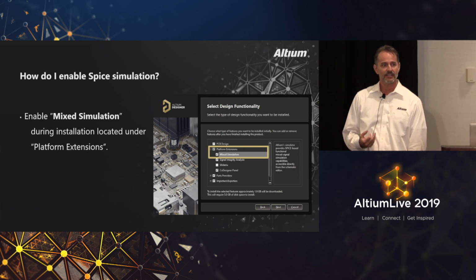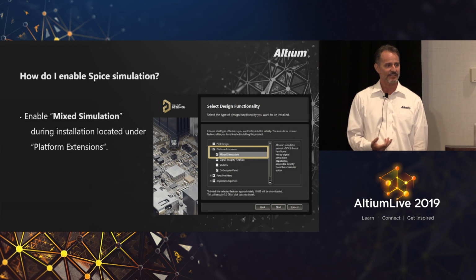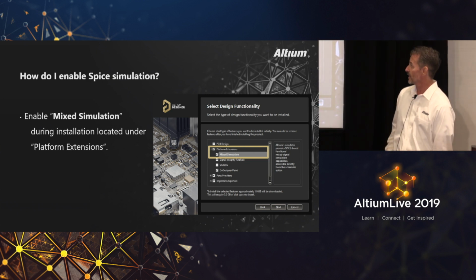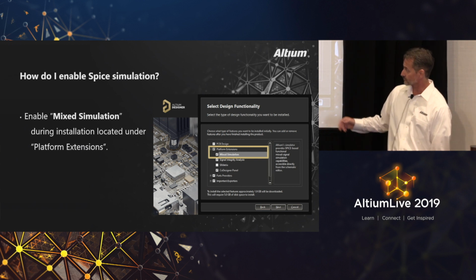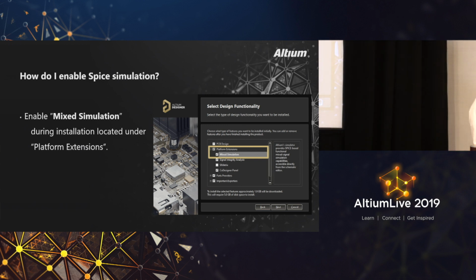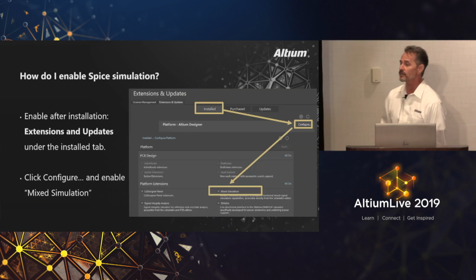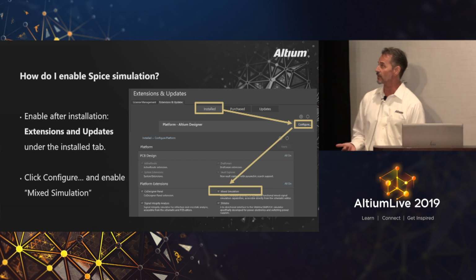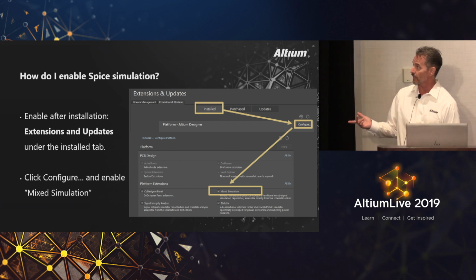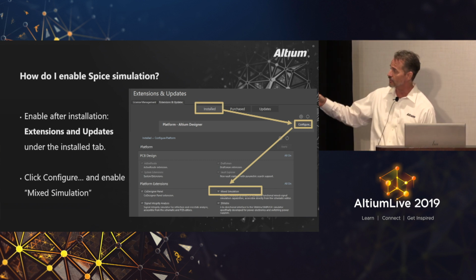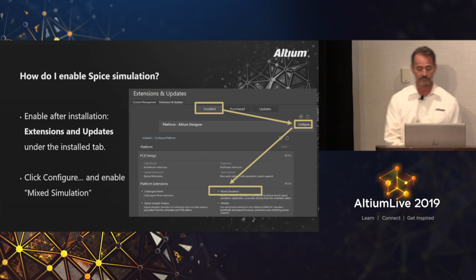That'll install the basic simulation engine as well as the libraries associated with it. Otherwise, it's really easy to miss. So after the installation, you run Altium Designer, go into your Extension Update tab, click on the Install tab and Configuration, and you can enable your mixed signal simulation from there.